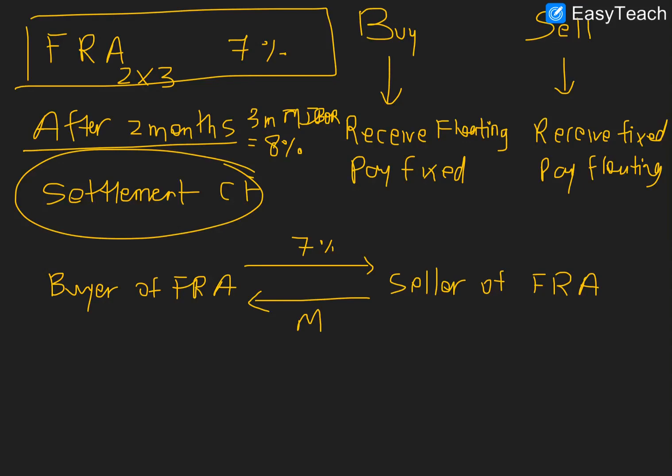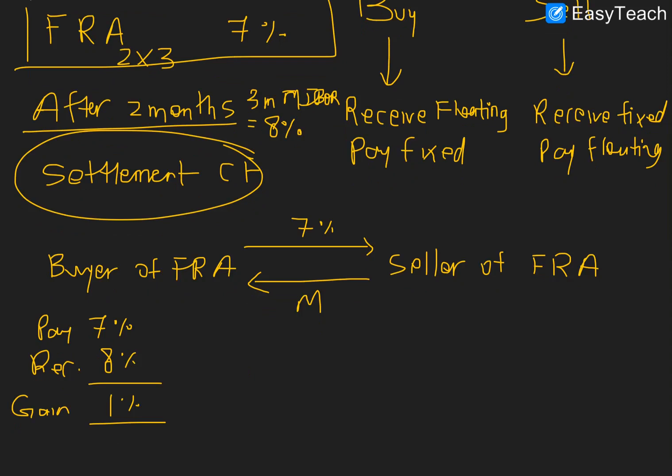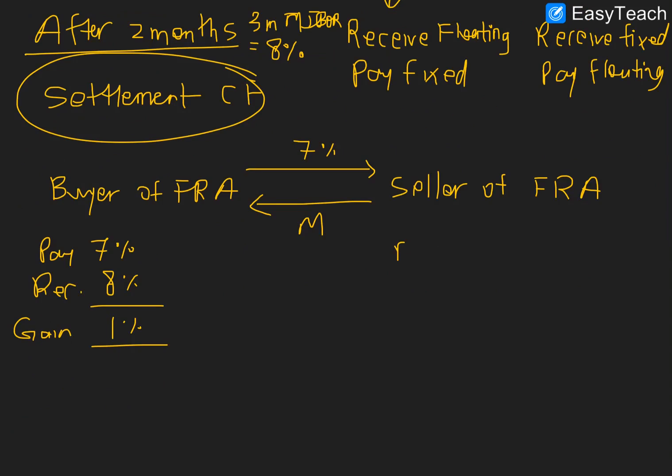That is basically he is going to pay 7%, he is going to receive 8%. So definitely there is a gain of 1%. And if we talk of a seller, he was supposed to pay 8% and he was supposed to receive 7%. So there is a loss of 1%.